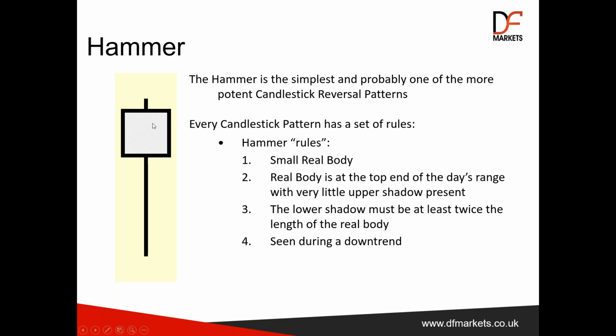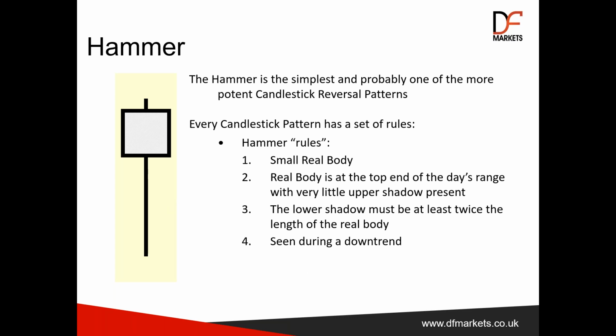So it's up here. What that leaves us with is a long lower shadow, and that should be at least twice the length, or twice the height, if you like, of the real body. So actually, that works out quite nicely. We've got something that looks a bit like a hammer, don't we? We have the hammerhead here and the handle down here.